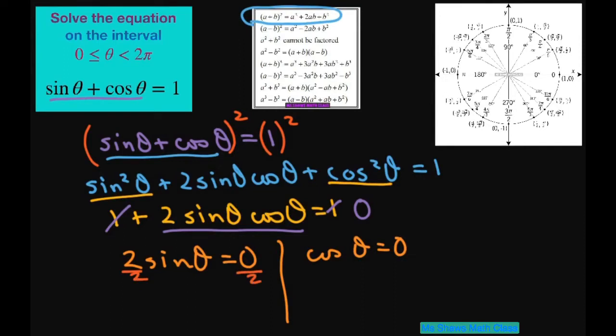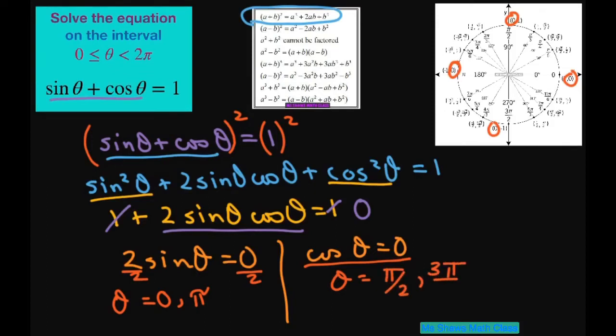So that's going to happen here and here, which is at 0 and pi. And cosine is 0 where your x is 0. So that's going to be theta equals pi divided by 2 and 3 pi divided by 2.